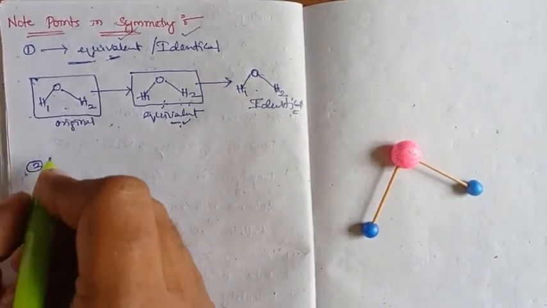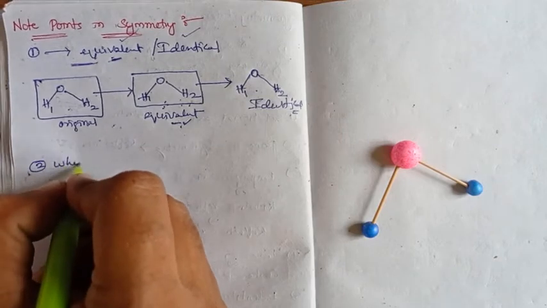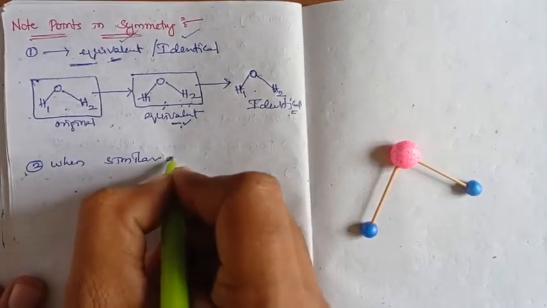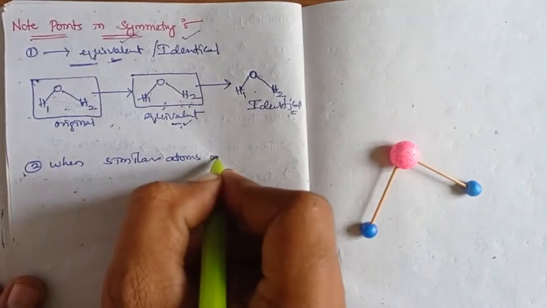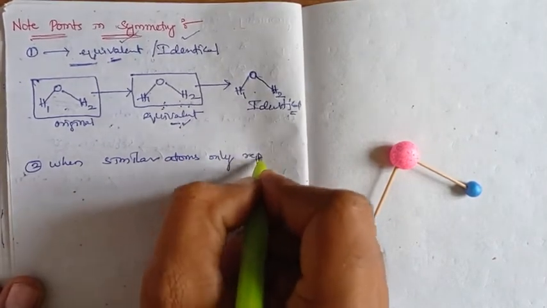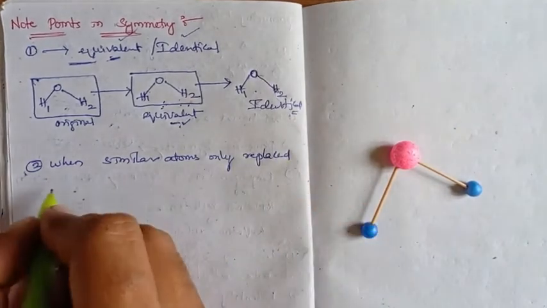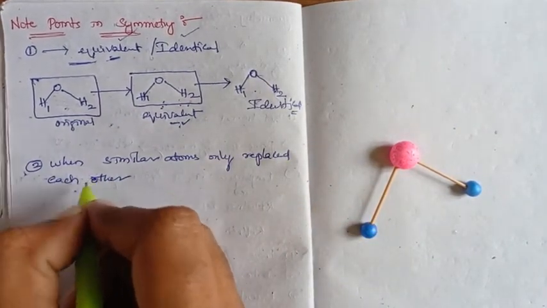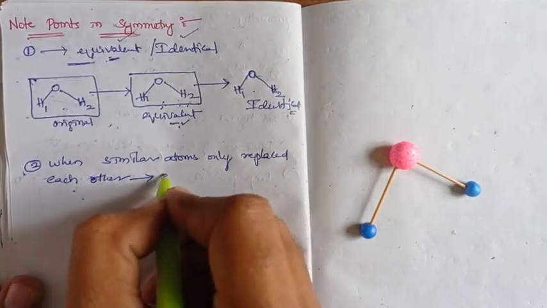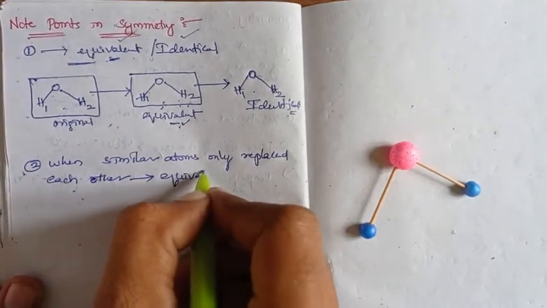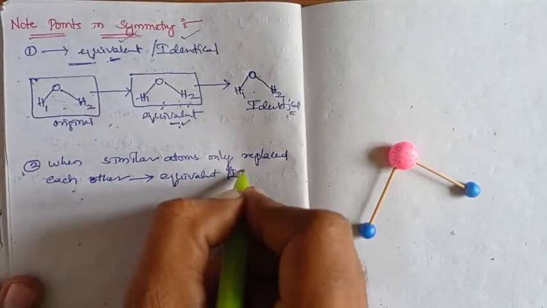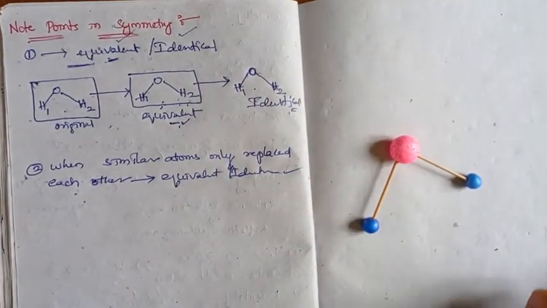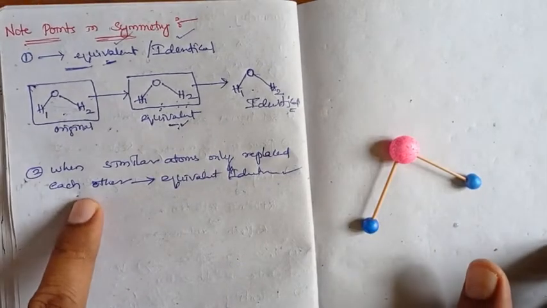So the second statement is: when only similar atoms get replaced with each other, in this case an equivalent or identical configuration is generated.